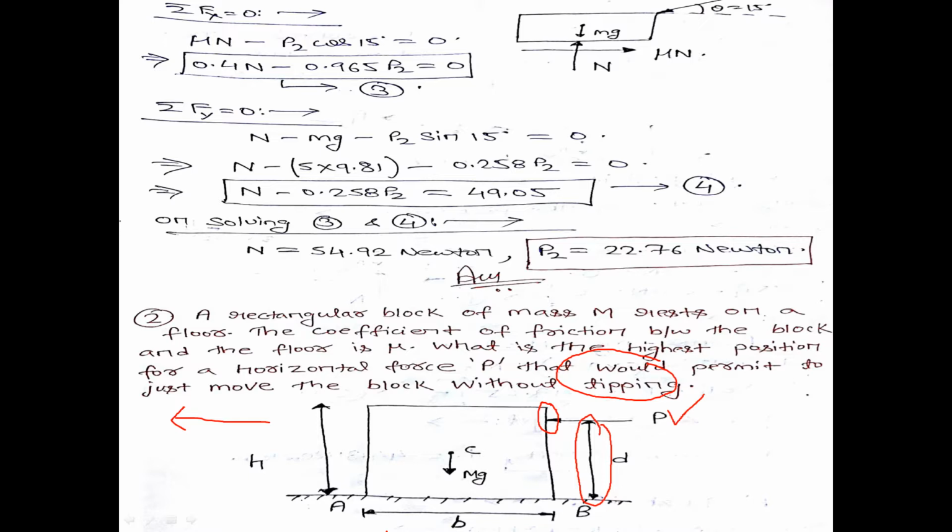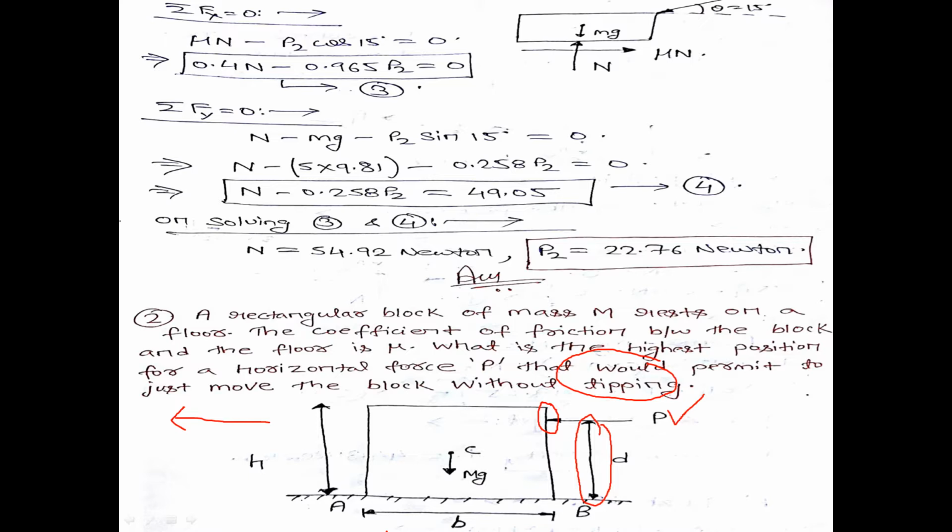If I find out the value of d so that tipping takes place, then that much distance d I have to maintain every time in order to keep this block moving along negative x direction without toppling.